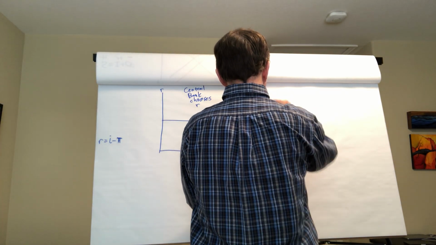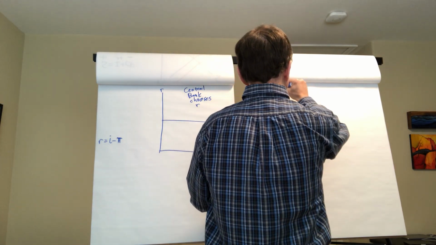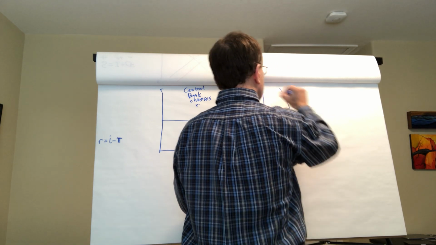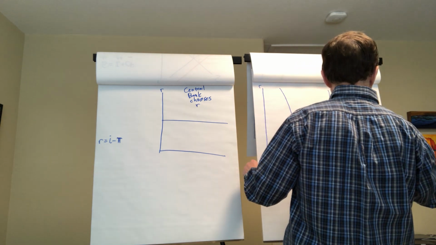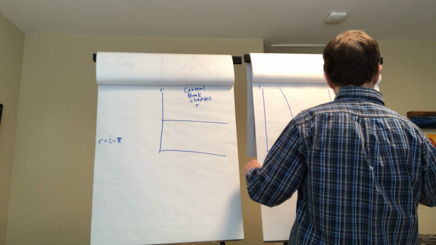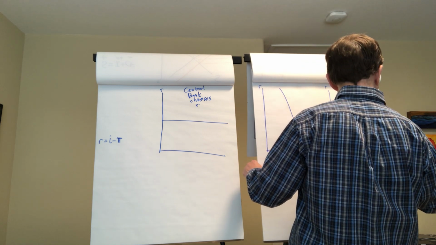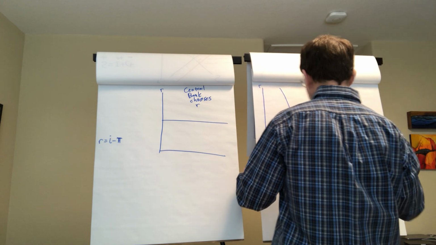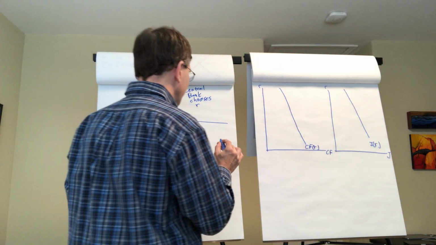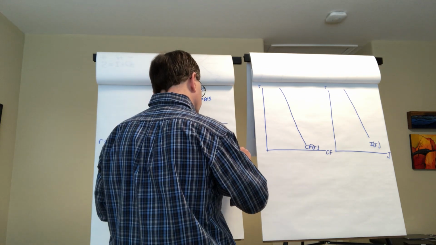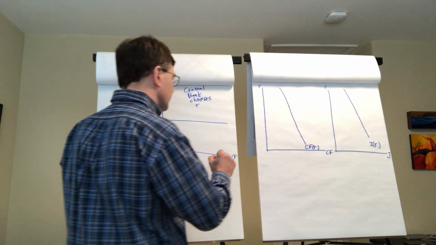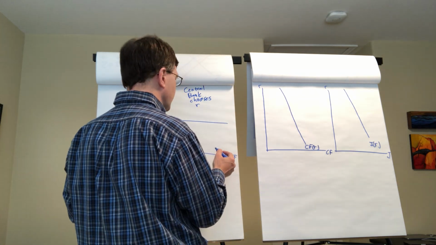Okay, then we come over here to get capital flow as a function of the real interest rate. And then investment as a function of the real interest rate. I don't usually put the arrows on the graphs, but here I'll label this as I plus CF. Oh, you know what, that's actually not particularly helpful.